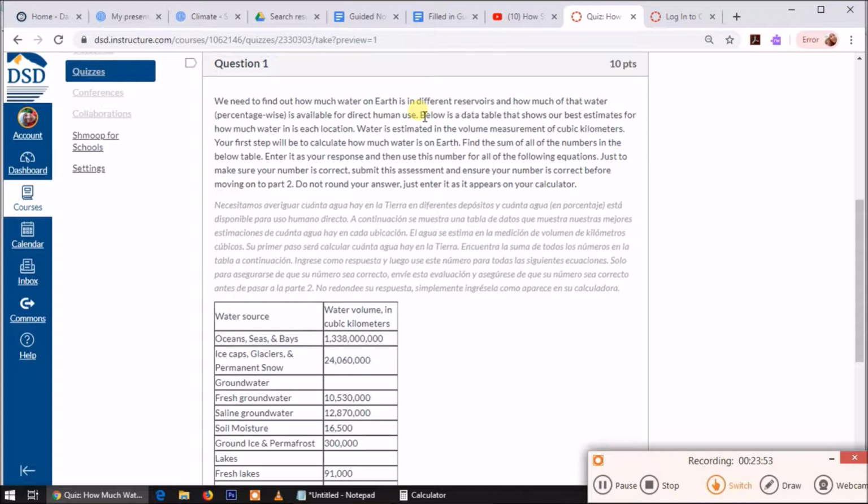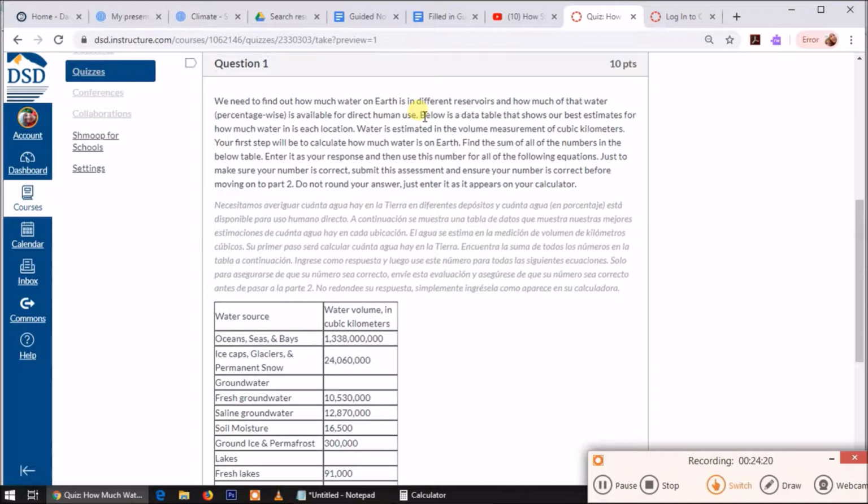Your first step will be to calculate how much water is on Earth. Find the sum of all the numbers in the below table. Enter it as your response and then use this number for all of the following equations. Just to make sure your number is correct, submit this assessment to ensure your number is correct before moving on to part 2. Do not round your answer. Just enter it as it appears on your calculator.